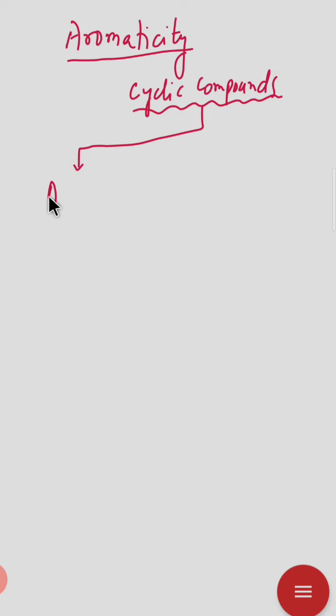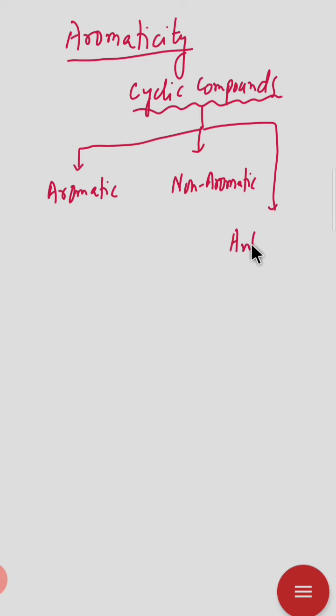One is aromatic, another one is non-aromatic, and the third one is anti-aromatic. Three types of cyclic compounds.